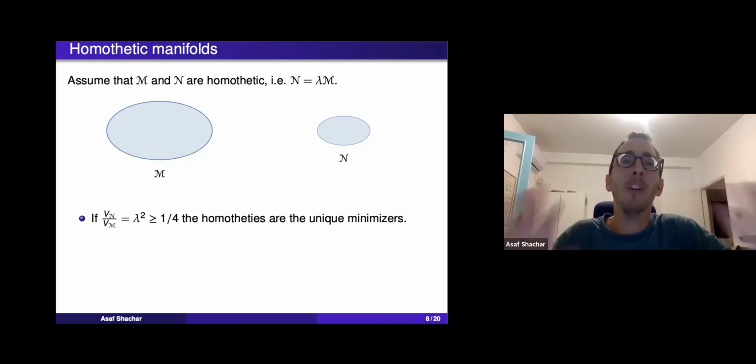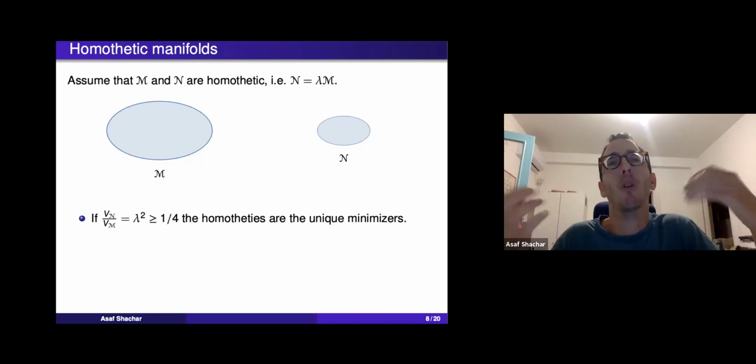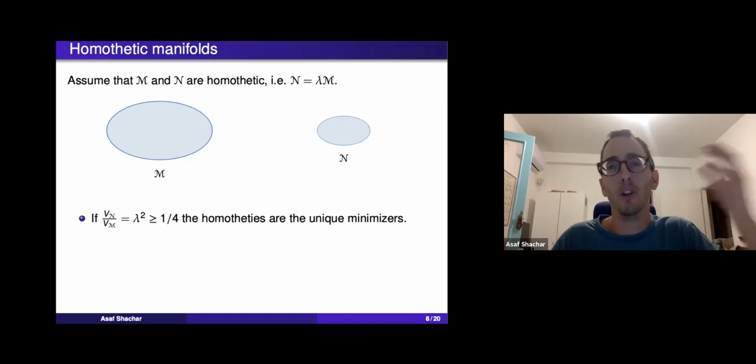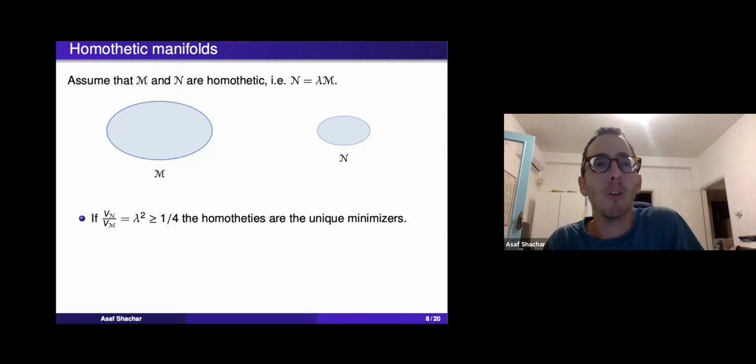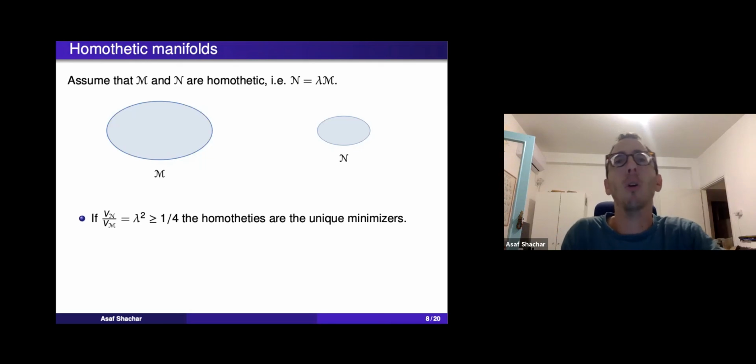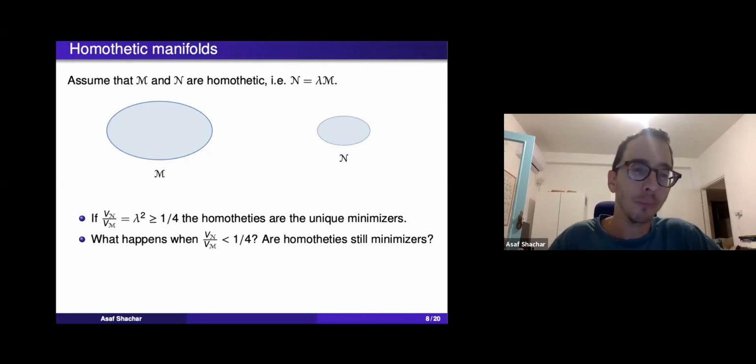So for homothetic manifolds, we always have natural candidates for minimizers, which are the homotheties. We have canonical maps, the homotheties, which we can ask, do they minimize the energy? So when the ratio of areas is greater than or equal to quarter, then the homotheties are the unique minimizers. So the optimal way in terms of distortion to shrink M into a scaled shrunk copy of itself is just to take the uniform shrinkage up to a composition with isometry.